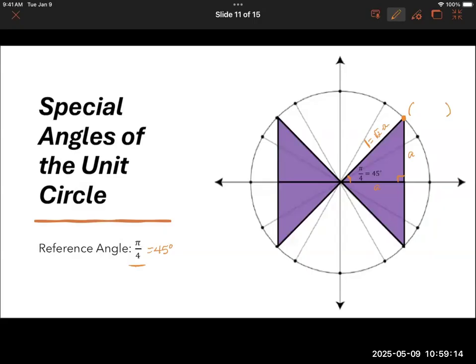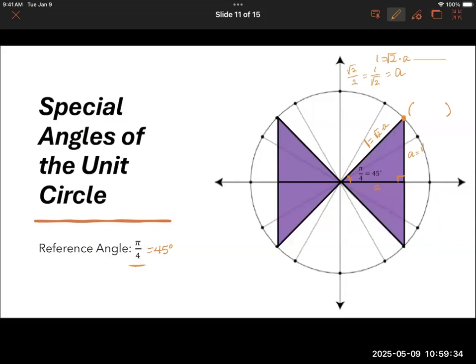So with a little bit of algebra, go root 2 times a, we can discover that a must be equal to 1 over root 2, which if you rationalize becomes root 2 over 2.